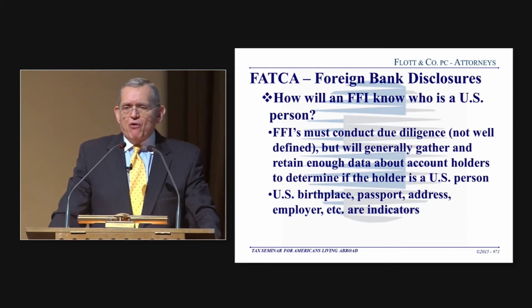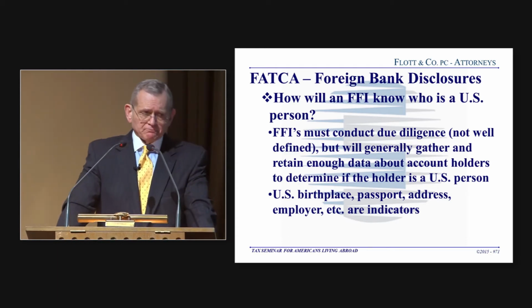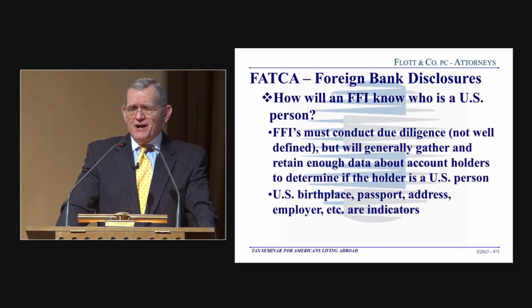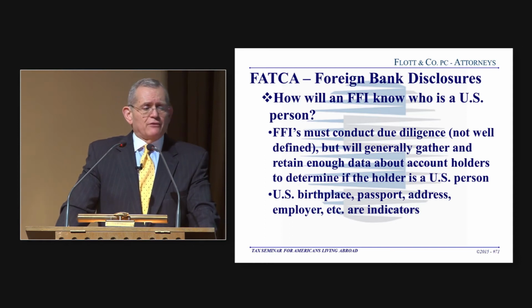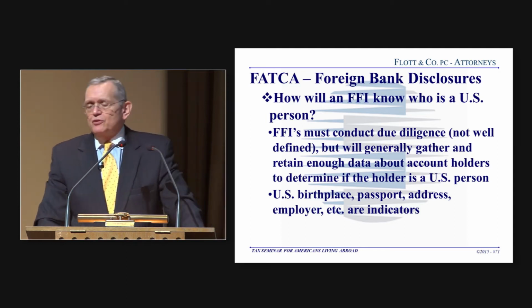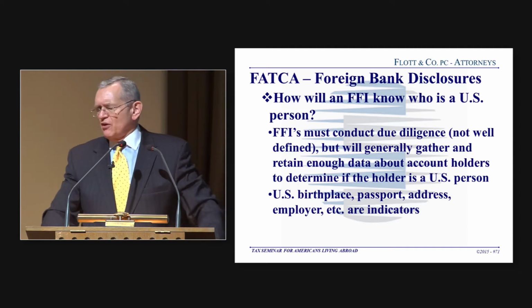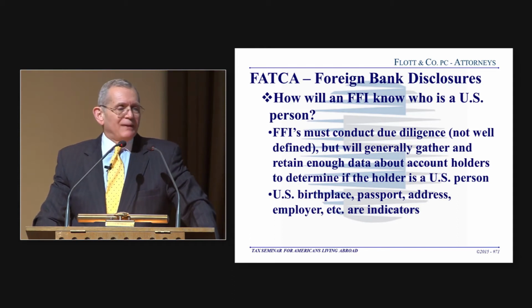Now, how is a foreign financial institution going to know who is a U.S. person? Well, first of all, they're required to conduct some due diligence, which is not terribly carefully defined, but will generally gather and retain enough data about account holders to determine if the account holder is a U.S. person. Now, most of you are being asked to complete and return a Form W-9 or a W-8-BEN.